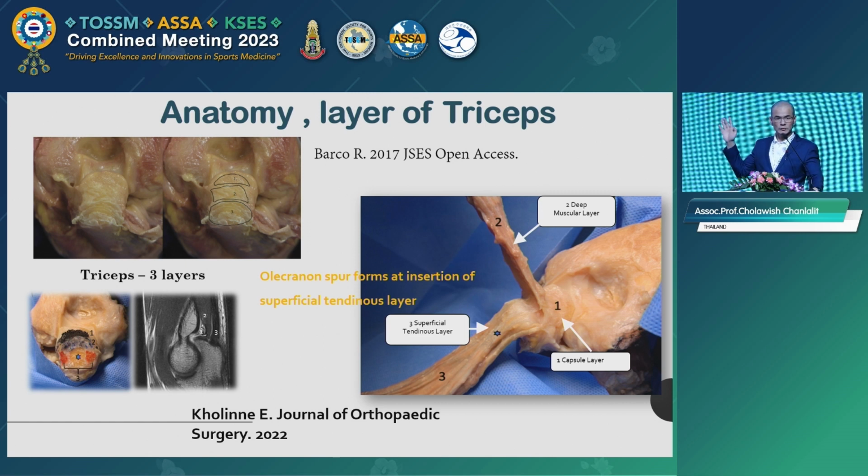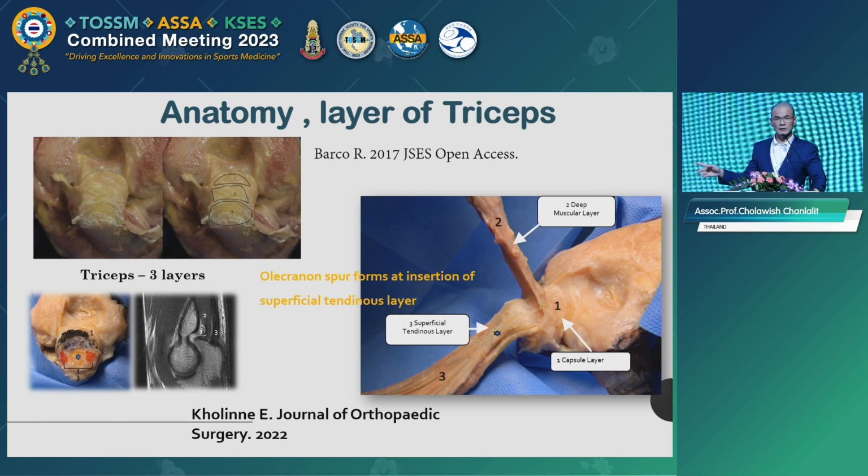But you should be concerned with just the superficial side, because the tendon part stays on the dorsal side of the olecranon. In between, there will be the muscle side, and going further, it can be like a capsule.